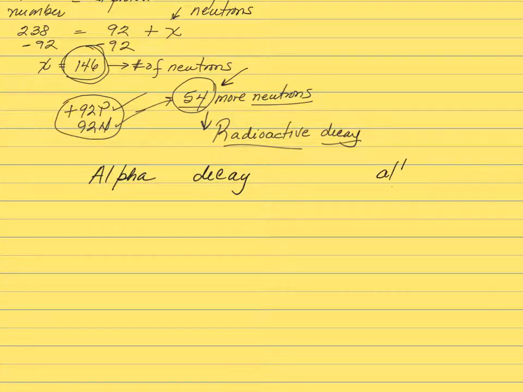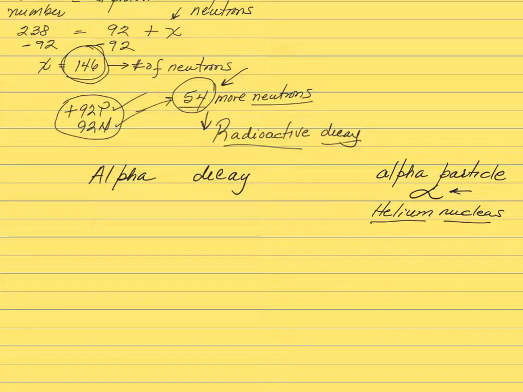An alpha particle, by the way, you can use that letter. This is the Greek letter for alpha. It is a helium nucleus. If you look in the periodic table, the symbol for helium is He.